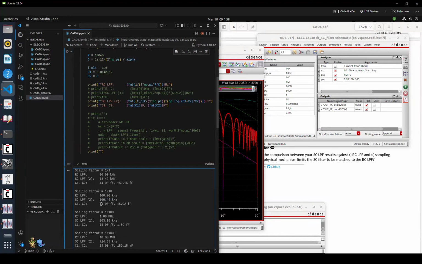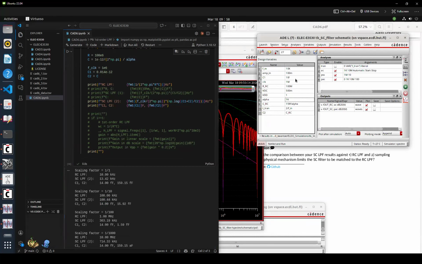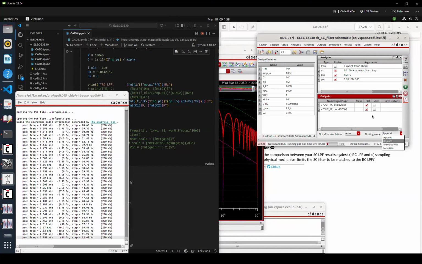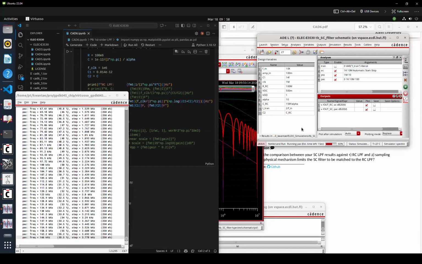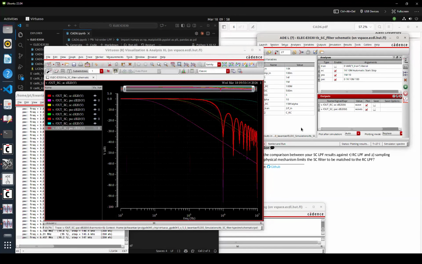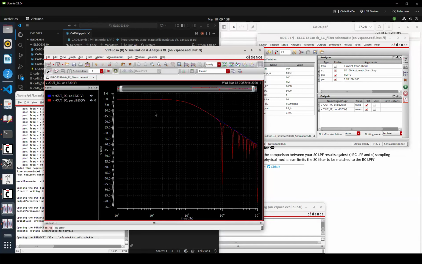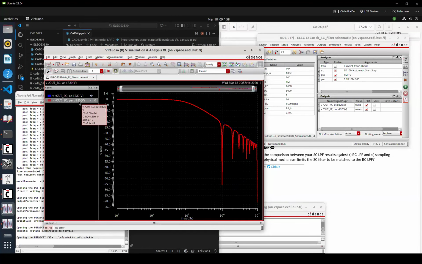So we can use C1, C2 values, 14 femtofarad. Let me set ARPA as 10 and C1, where's C1 here? 14 femtofarad. And otherwise, looks correct. Okay, then let's run it. Let me change it to replace. Okay, now you can see that it matches quite well to each other.